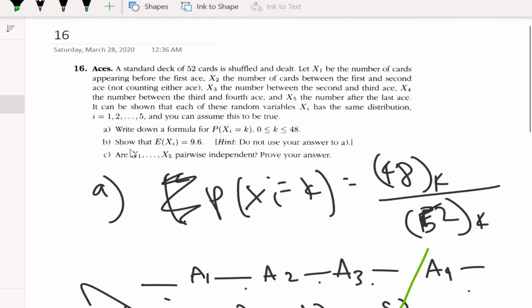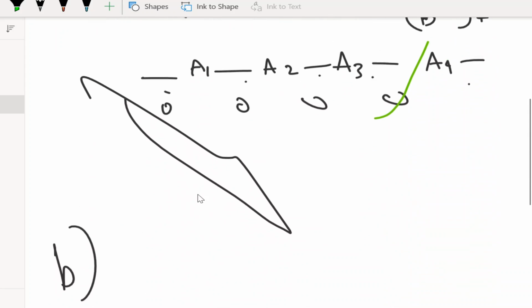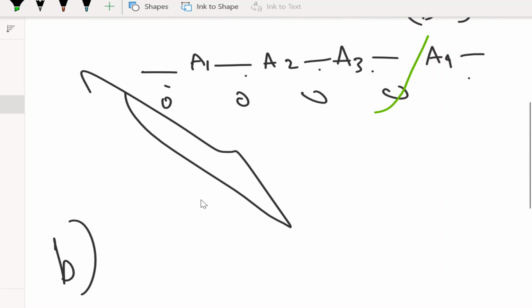Part B. Show that E of xi is equal to 9.6. Once again, we have to use indicator variables.